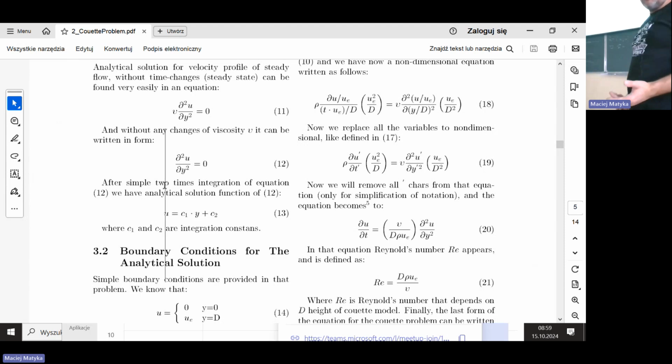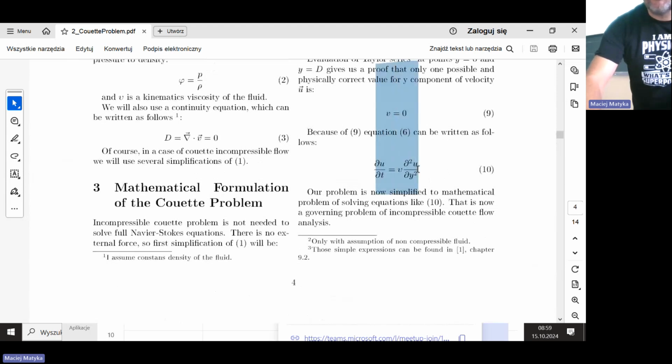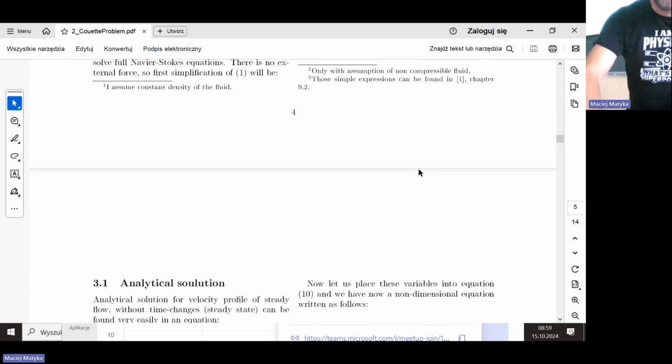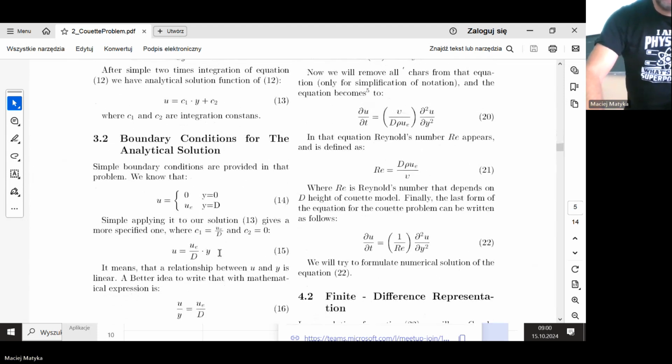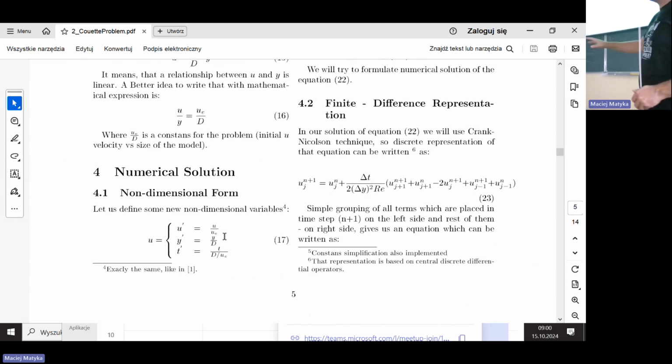Now, at this point, in this simple equation, one can define those parameters that come from non-dimensionalizing the equation. Remember, we had this simple equation, which was the time derivative of u equal to viscosity times the second derivative of u over y squared. We non-dimensionalize it. It's more important to me that you understand the procedure than that we do it here. You can do it by yourself. That's simple.